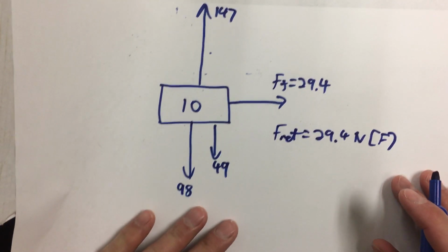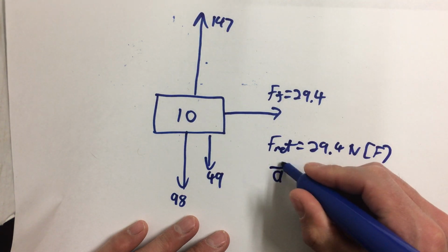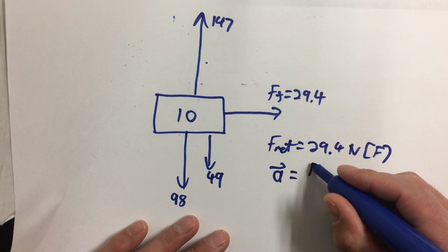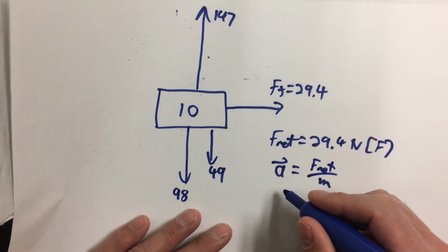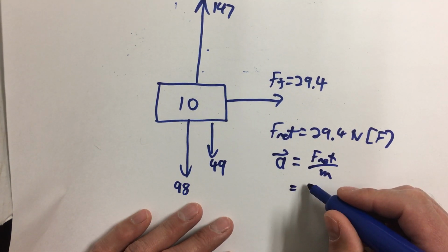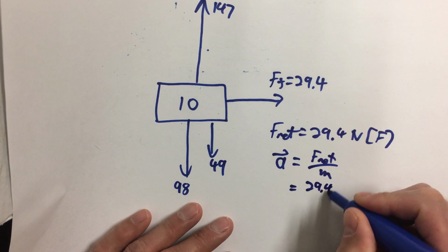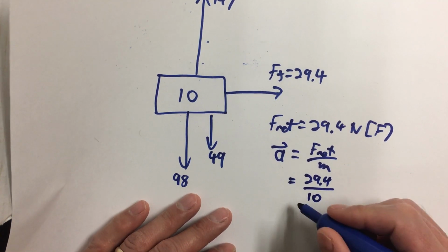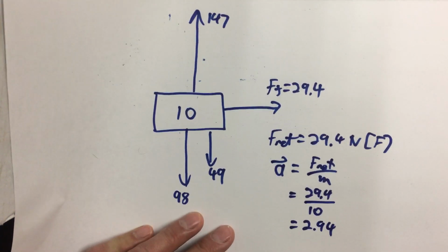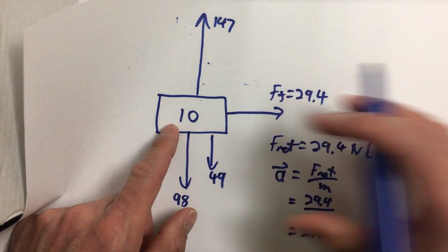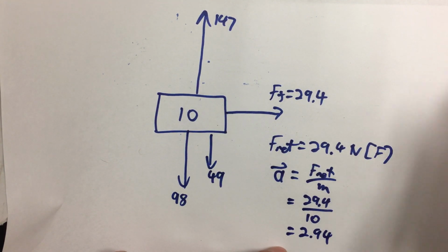And as such, the acceleration of the bottom block is the net force over its mass, because F equals ma. It is 29.4 divided by 10, which makes it 2.94. So the bottom block has a forward acceleration of 2.94, but guess what?